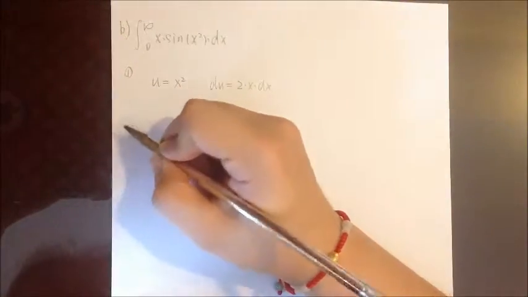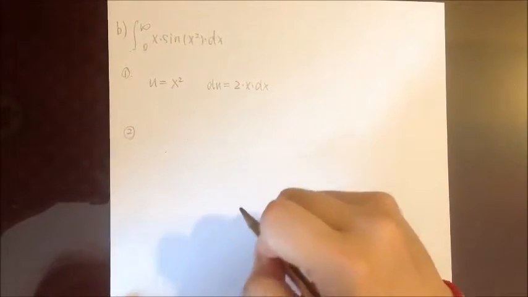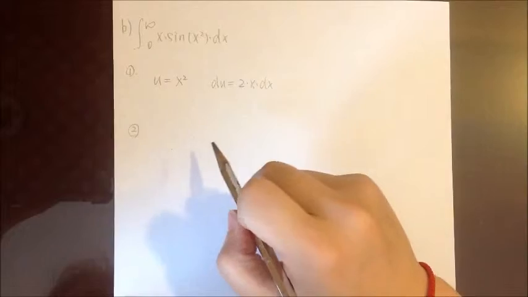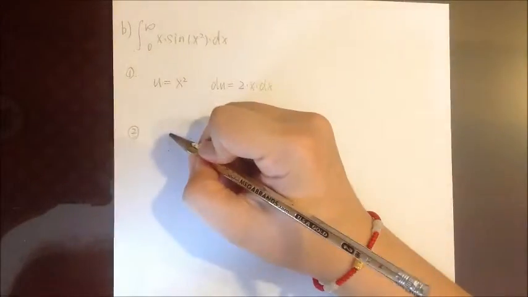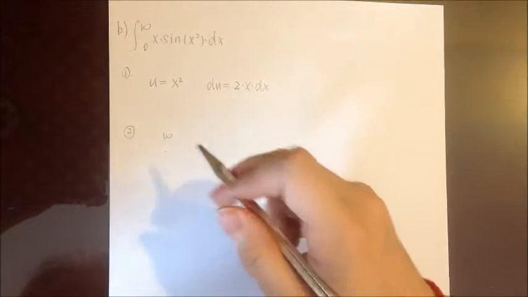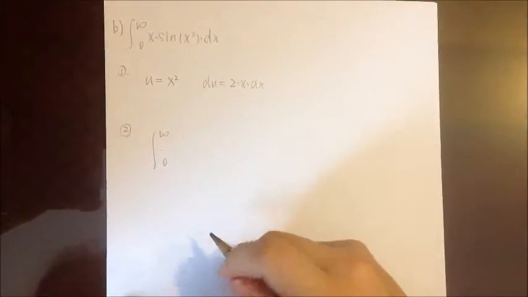And then replace all the upper boundary and the lower boundary with u. But luckily for this one, as x goes to positive infinity, u also goes to positive infinity. And when x equals to 0, u also equals to 0. So it has the same boundary with the original one.